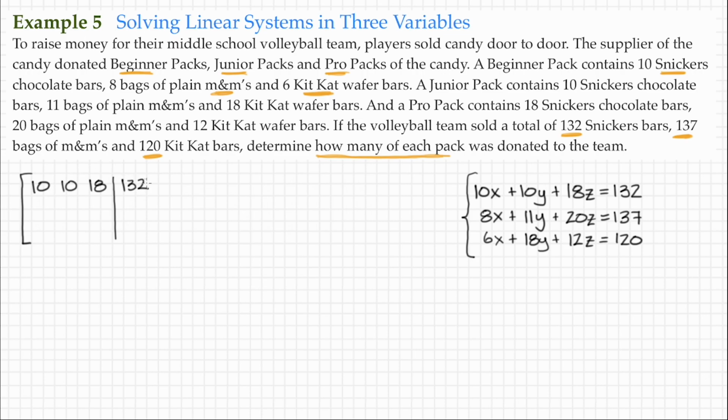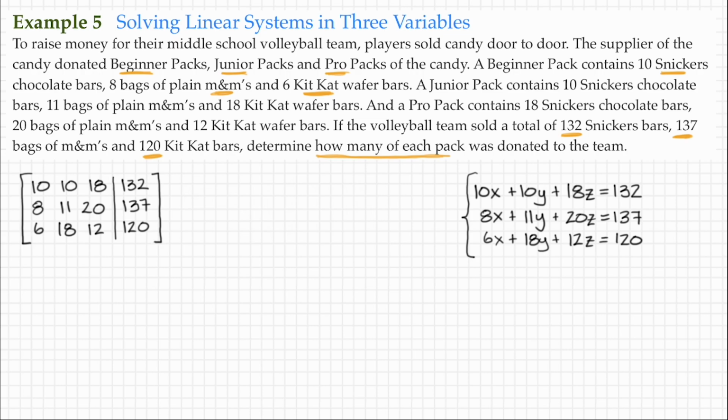And over here on the right, that's our matrix of constants. Then we have 8, 11, and 20. It's 137, and then 6, 18, and 12. That's 120. Close off our matrix.